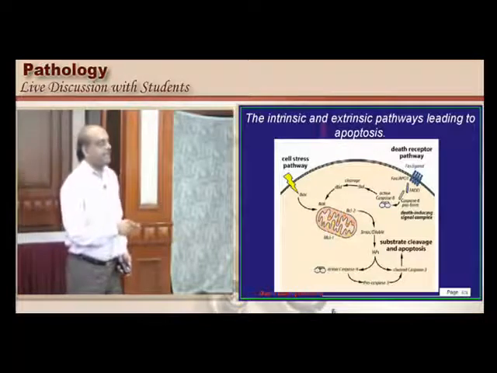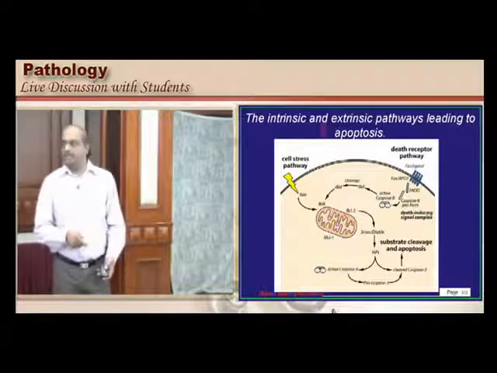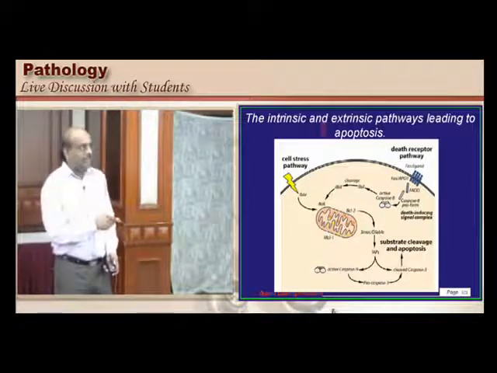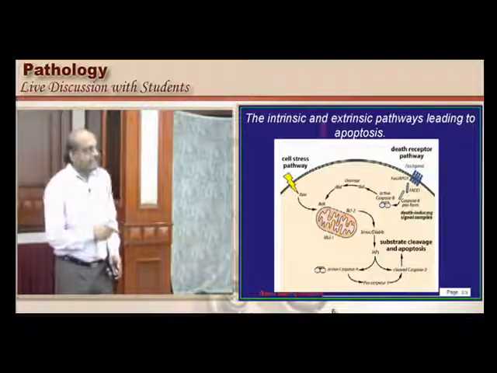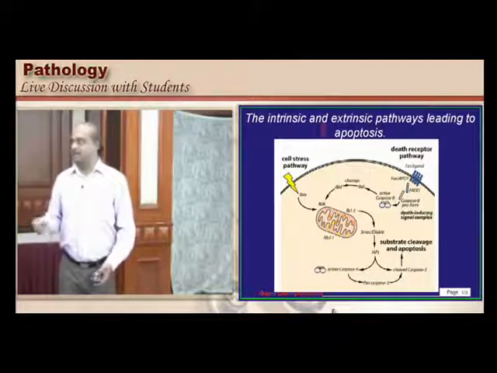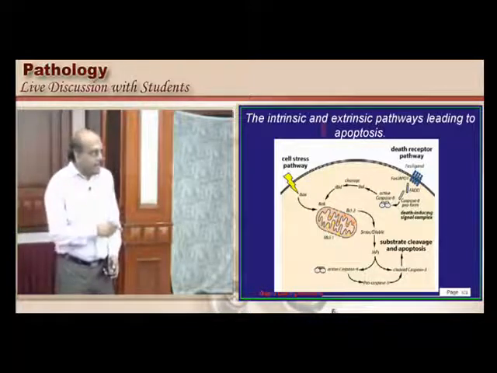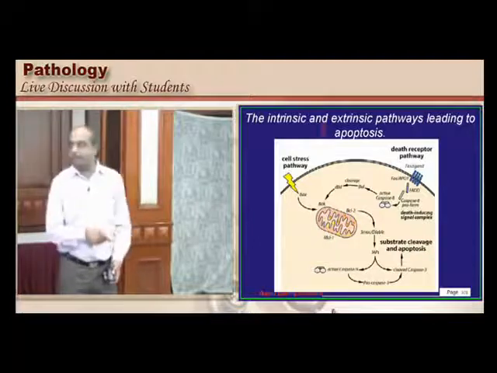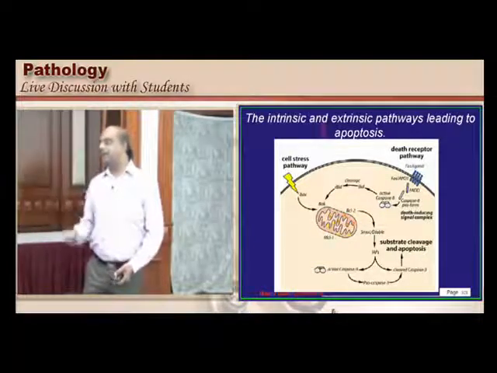The second method is whenever a cell is destined to undergo apoptosis, the mitochondria of the cell become very leaky, and that causes release of what are called SMACs, and release of these SMACs initiates apoptosis. That is another path, extrinsic and intrinsic path. There are two paths.